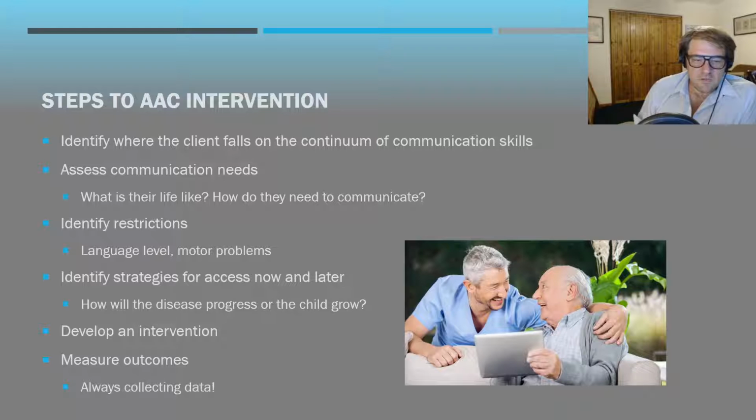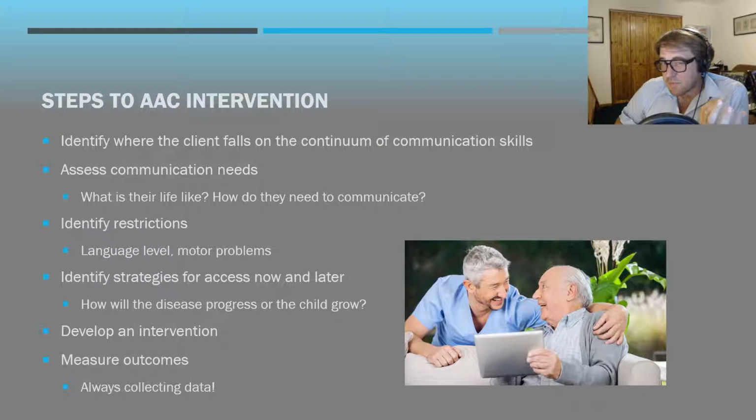What are the strategies they're going to use now and also later? So, is this a disease that's going to progress? Is the child going to develop? Are they expected to cognitively develop? Or are they just going to grow physically, but not necessarily cognitively? So, let's say this is a person with a speech-only issue, cognition is intact.